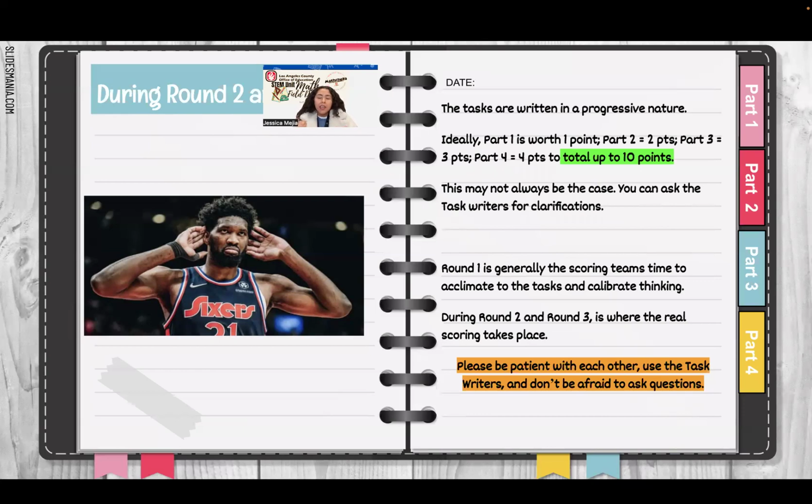Ask lots of clarifying questions to yourselves, to the task writers, to myself, because this is how we will all communicate with one another to clarify and make sure that our scoring is being done fairly, and that our scoring is calibrated and acclimated with each other.